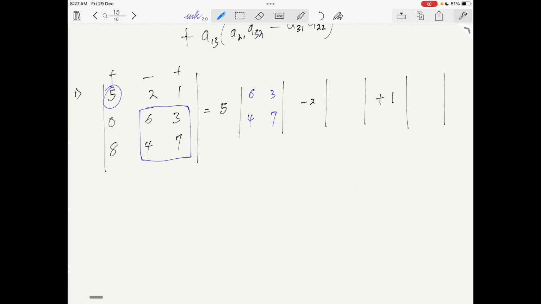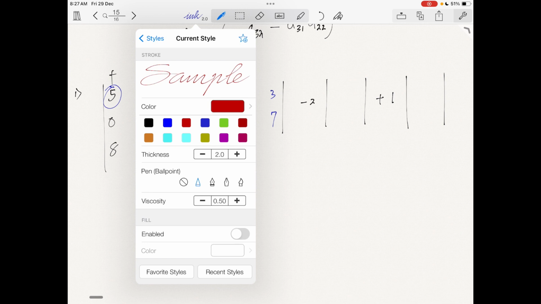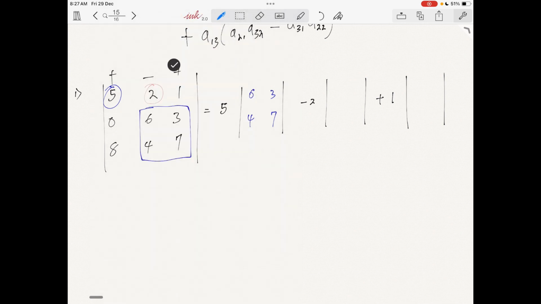Then we go into 2. For the 2, we look at the horizontal, we also look at the vertical. What are the elements left? For 2 we have 0, 8, and 3, 7.